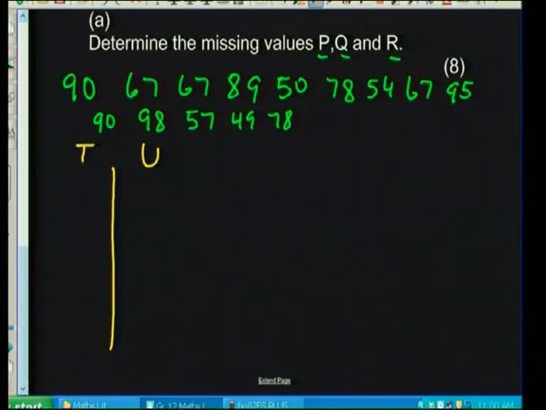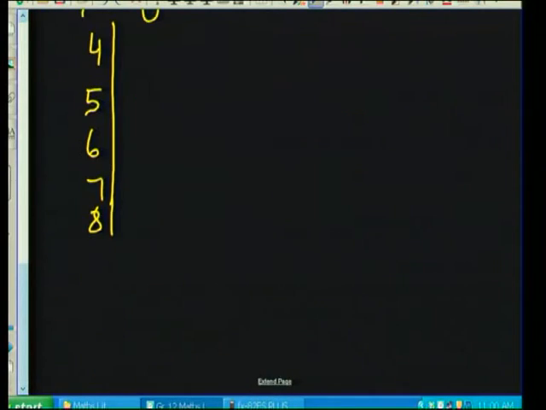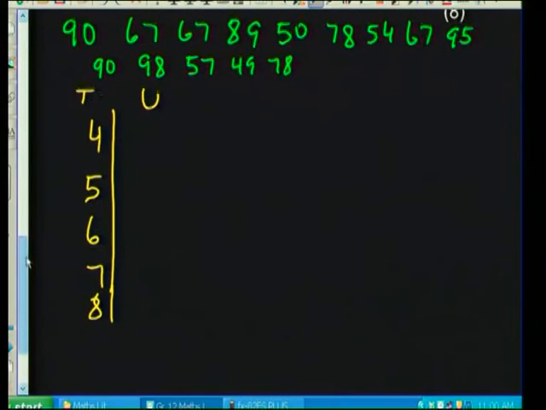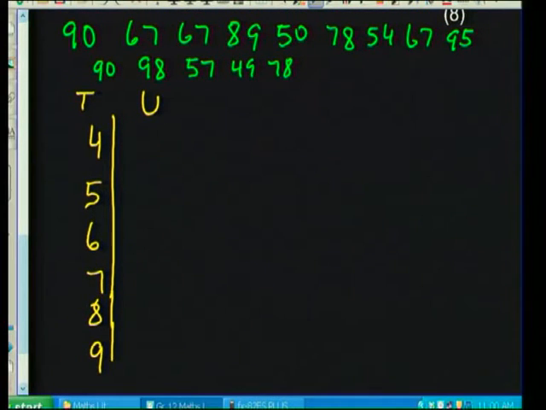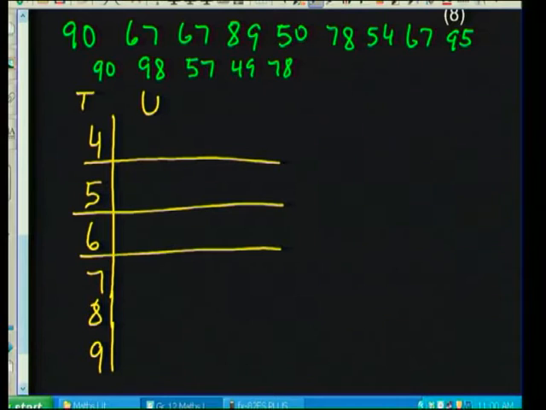So I go from 40, so I've got 4s, 5, 6, 7, 8, and 9. And then all I do is write in these numbers and go in order.